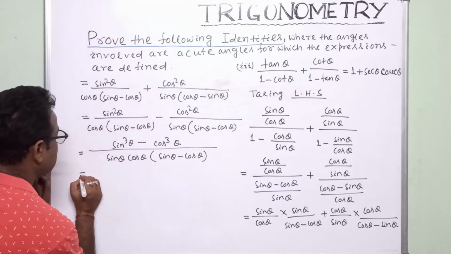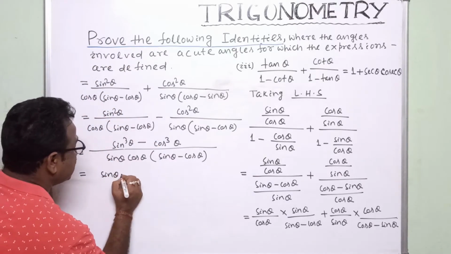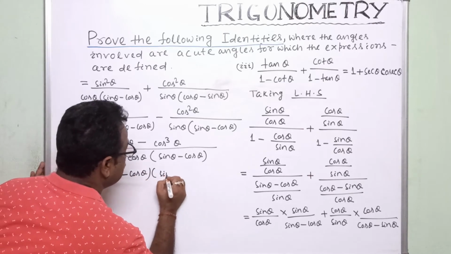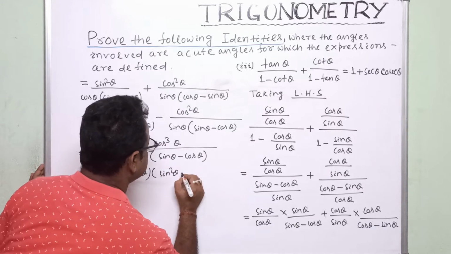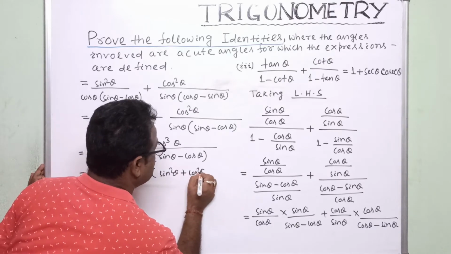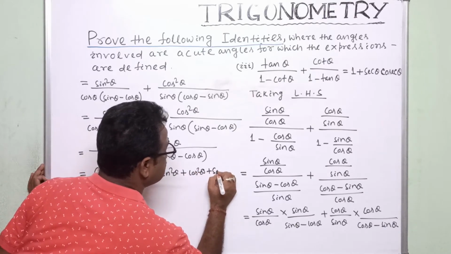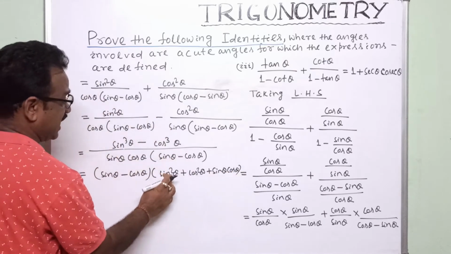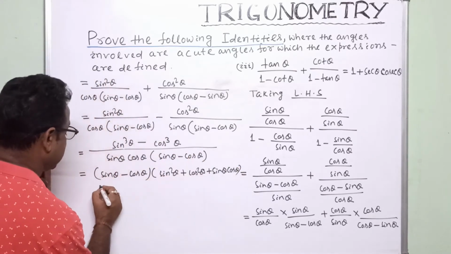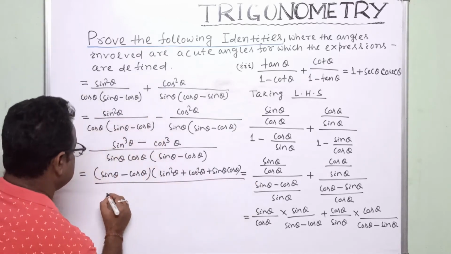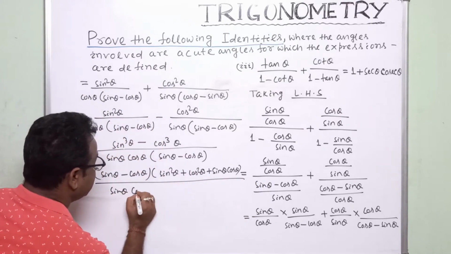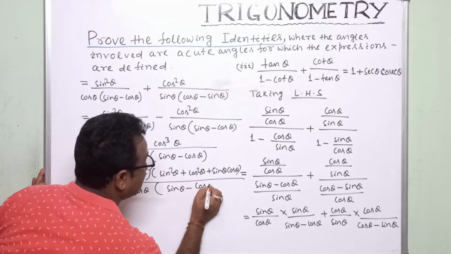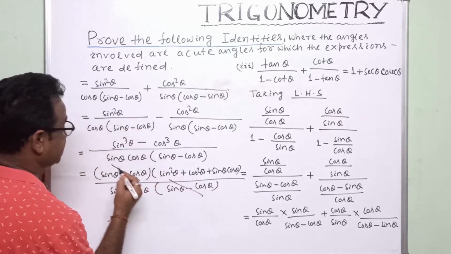So that is equal to sin theta minus cos theta into sin square theta plus cos square theta plus sin theta cos theta. I have written a square plus b square plus ab. Okay, now sin theta cos theta into sin theta minus cos theta, so this cancels.